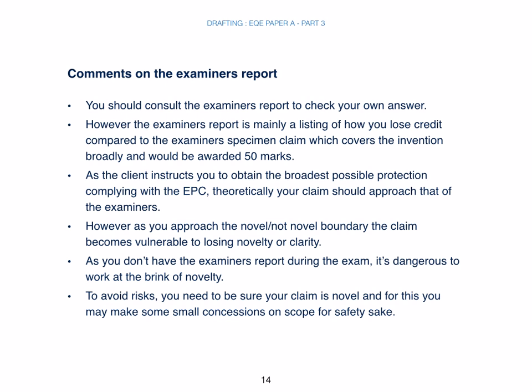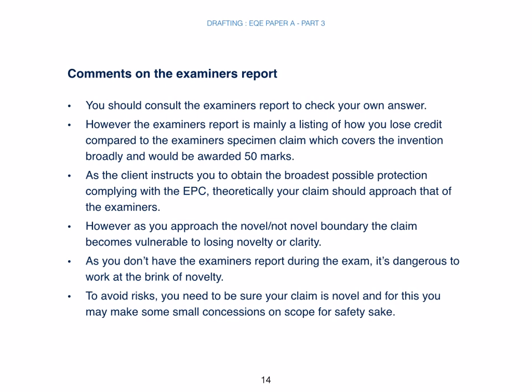As you don't have the examiner's report with you when you're doing the exam, and you don't know exactly where they're drawing the line, it's dangerous to work at the brink of novelty, because this could be disastrous if you go wrong. Therefore, in my opinion, to avoid risks, you need to be sure that your claim is novel, and for this you may need to make some small concessions on the claim scope for the sake of safety.